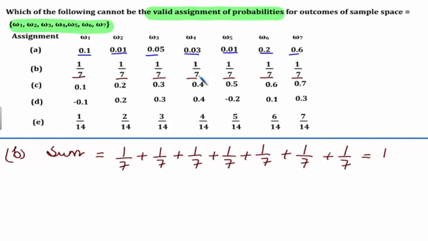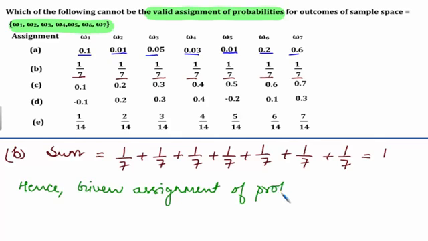And since all the values are non-negative and their sum is 1, therefore in this case also we can say that hence the given assignment of probabilities is valid.